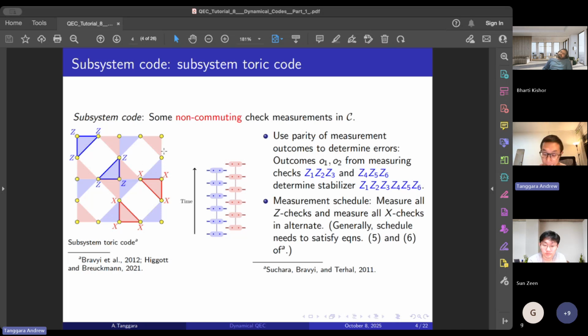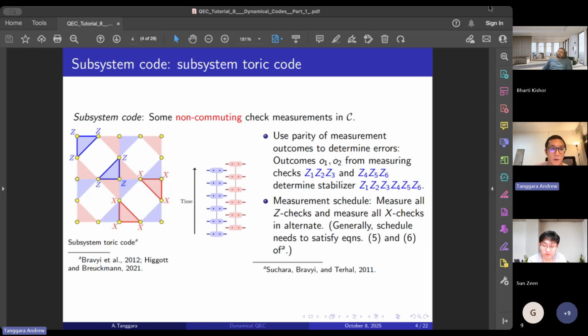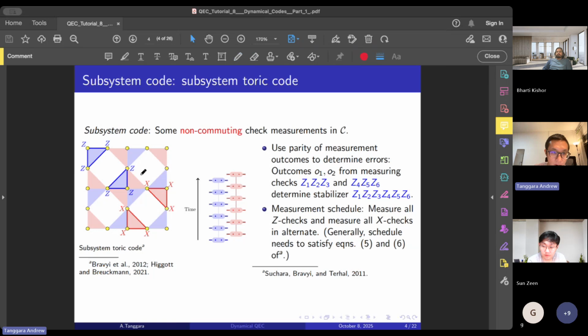And you can see here this Z measurement anti-commutes with the X measurements that share 1 qubit with it. So this guy anti-commutes with this guy, right? Because that's the only qubit that they share.